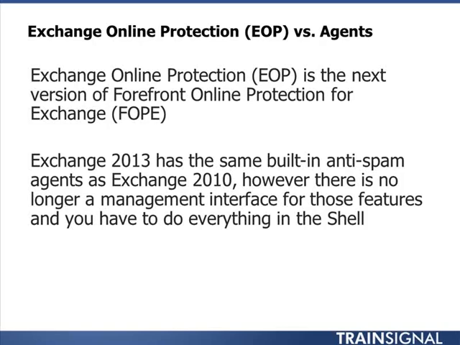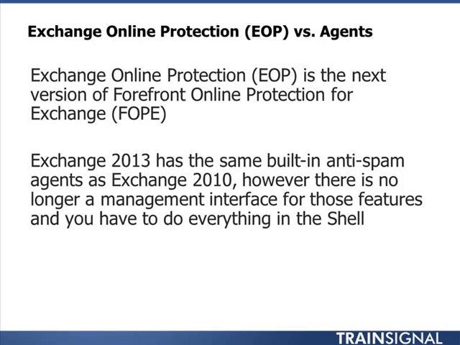The connection filtering agent was enabled in Exchange 2010 on the Hub transport server. But now with Exchange 2013, both the connection filtering agent and the attachment filtering agent are no longer available. So for those of you who worked with the anti-spam features in Exchange 2010, the connection filtering agent is what gave us our IP allow list and IP block list capabilities.